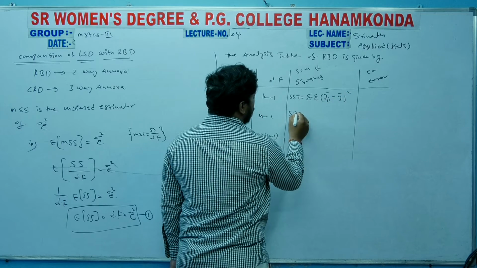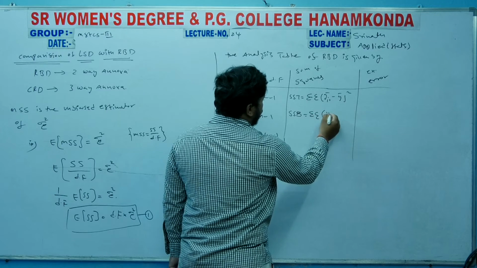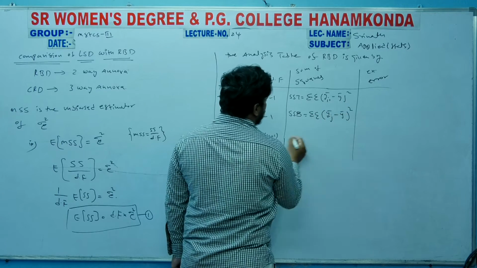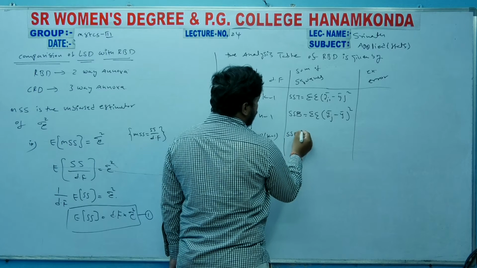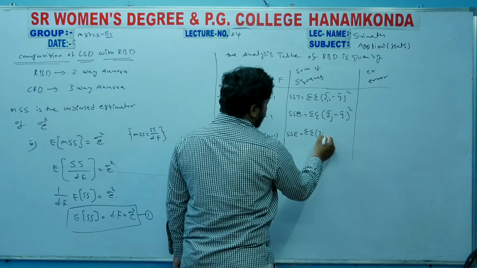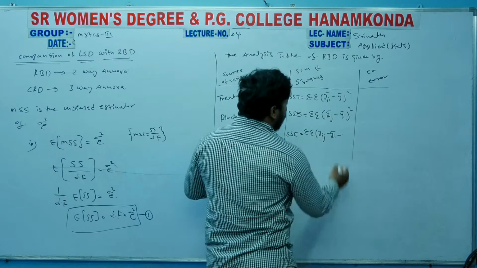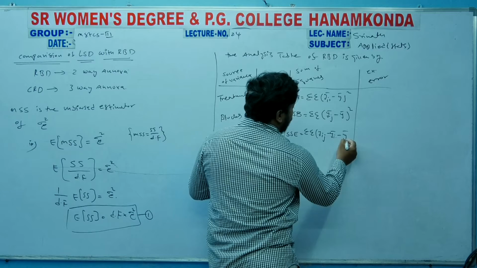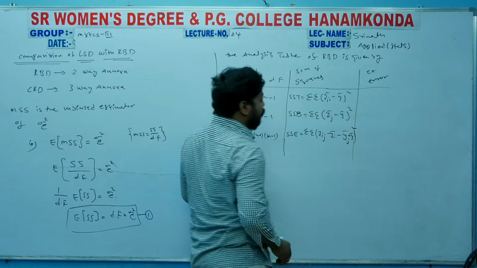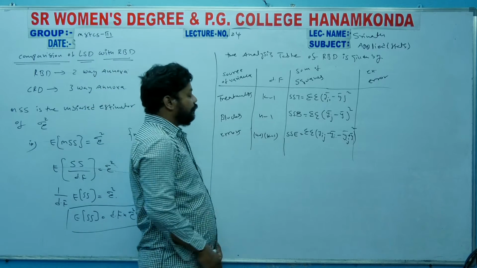Sum of squares of block is equal to double summation of y dot j bar minus y bar whole square. Sum of squares of error is equal to double summation of yij minus yi dot bar minus y dot j bar plus y bar, whole square. That is the formula.